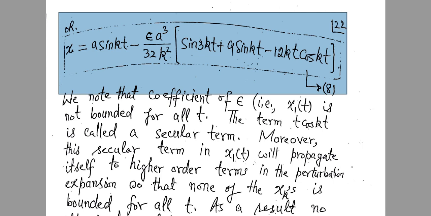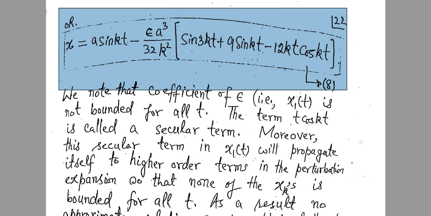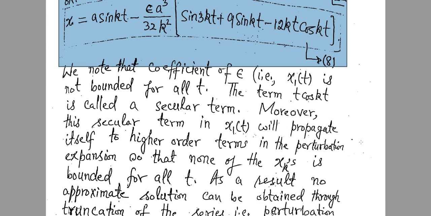We note that the coefficient of epsilon, that is x1 of t, is not bounded for all t, because as t approaches infinity this term approaches infinity. The term t cos kt is called a secular term.